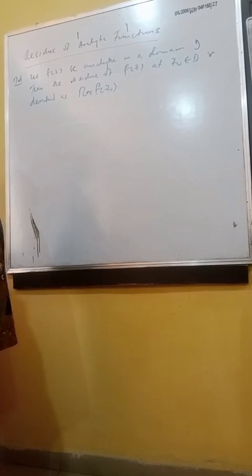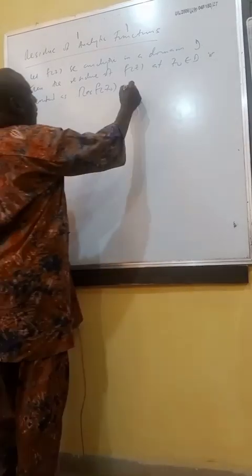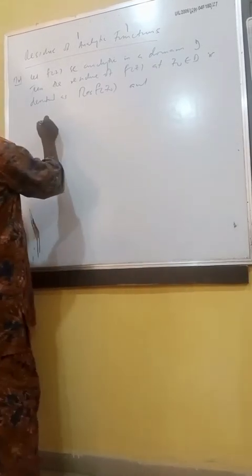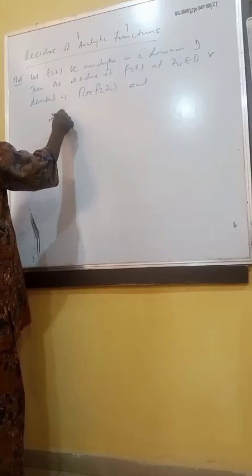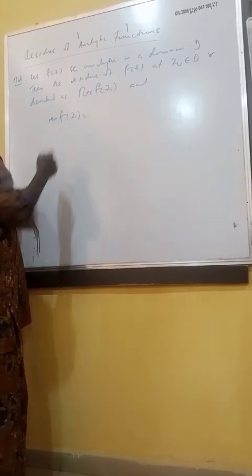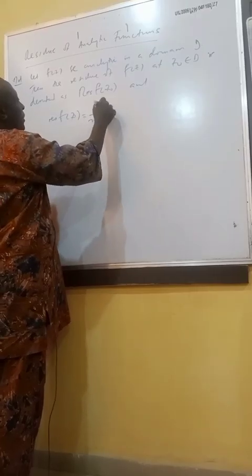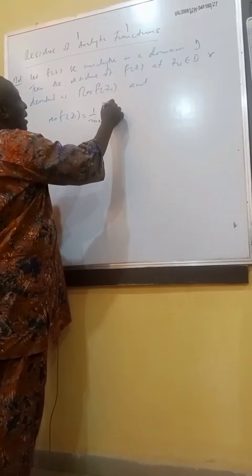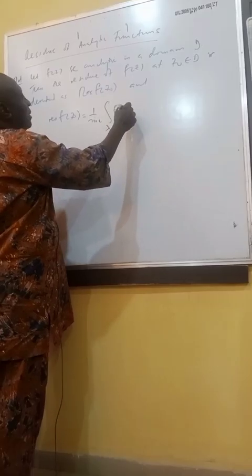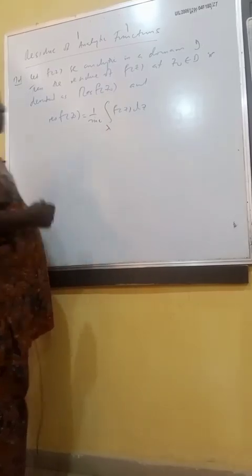Okay. And this residue of f at z naught is defined as 1 over 2 pi i, the integral over lambda of f of z dz.